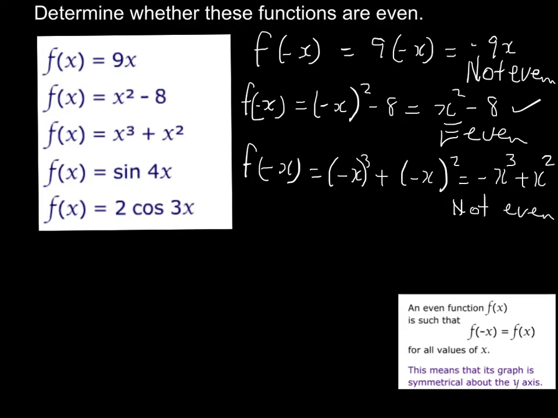And then we have f of x equals sine 4x. So we input minus x, and we would get sine of 4 times minus x, which when simplified gives us minus 4 sine x, which is not the same thing as what we have.